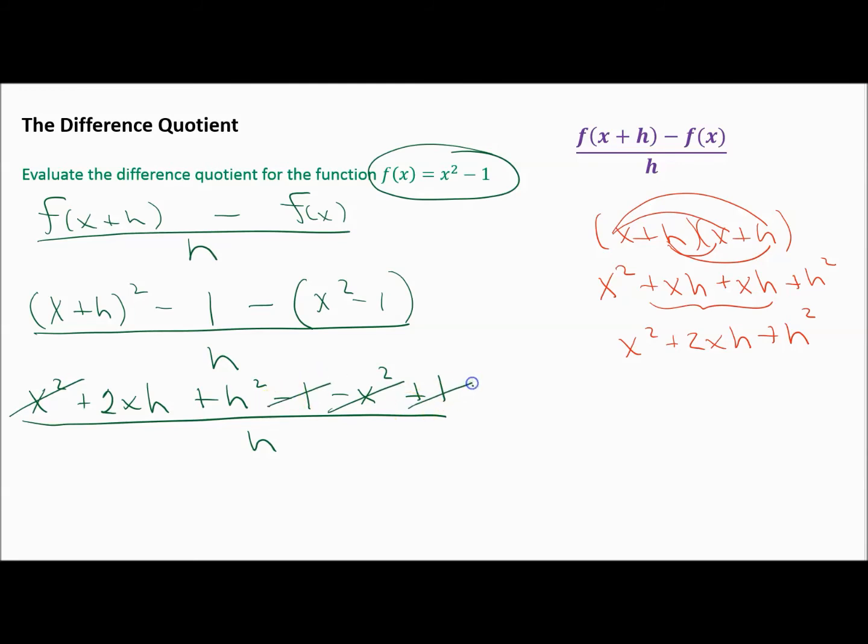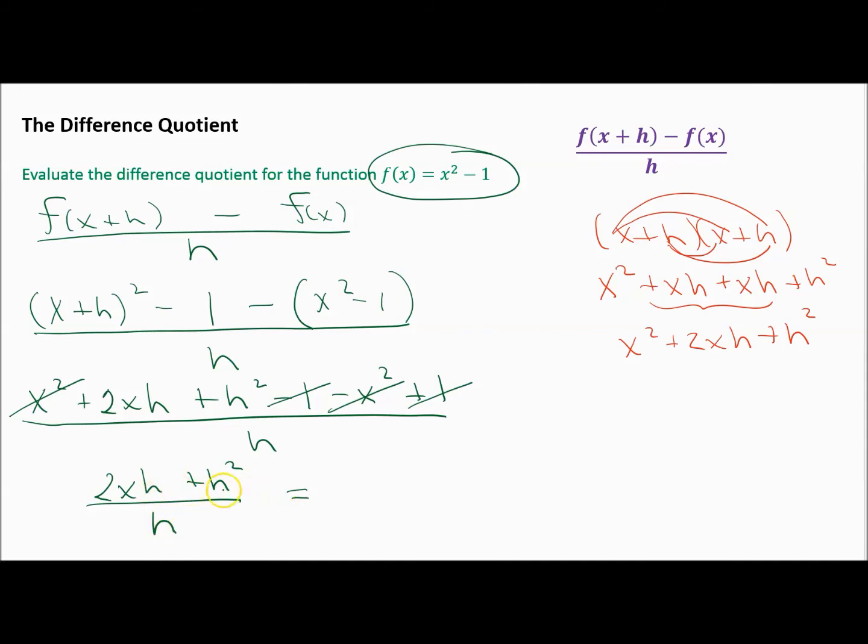Negative 1 and plus 1 cancel out. So I have remaining 2xh plus h squared over h. So here's what I want you to notice again: all the terms without an h end up canceling out. The x squared, the negative x squared, the negative 1, and the positive 1. And so now every term remaining in the numerator has an h. It needs to cancel with this h in the denominator, but I can't do that just yet.